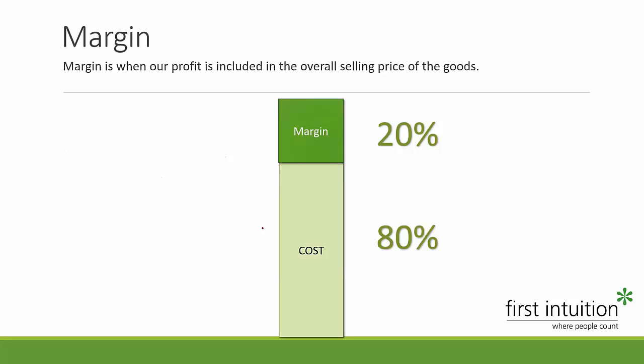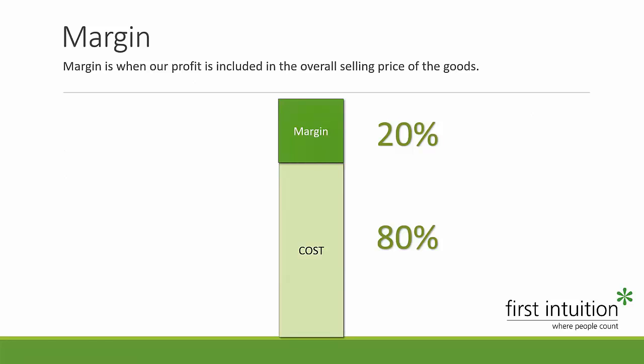So let's move on to margin. Margin is when our profit is included in the overall selling price of the goods. A good term which I like to use is margin included. Just to differentiate between the two, we have our markup on costs, and we have our margin included in the costs.